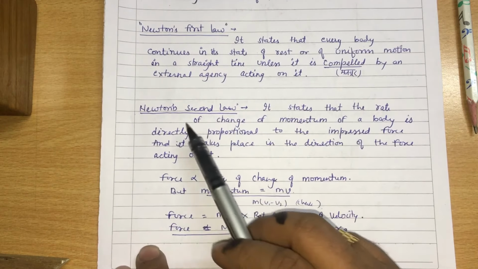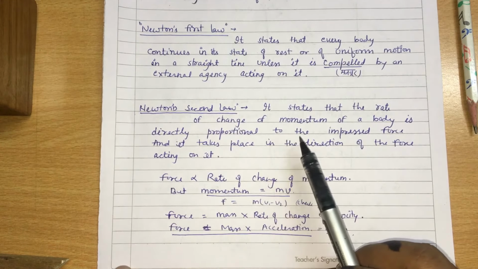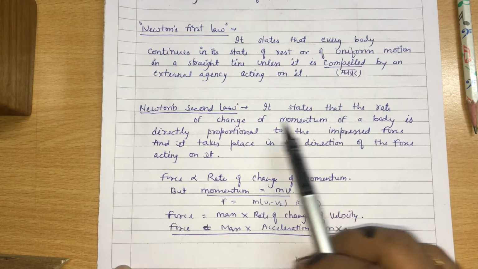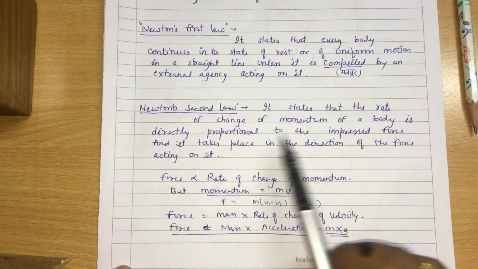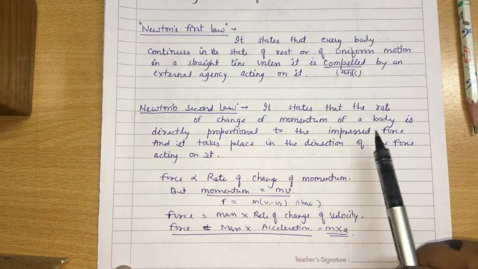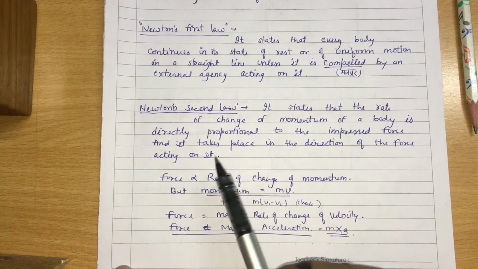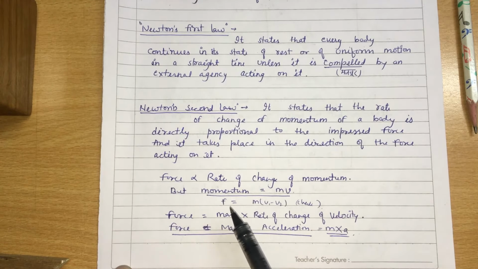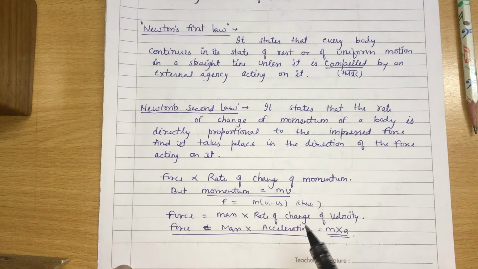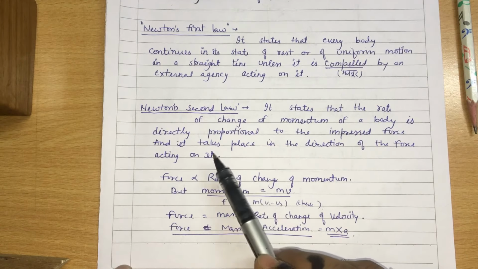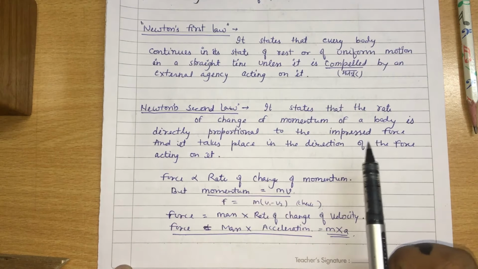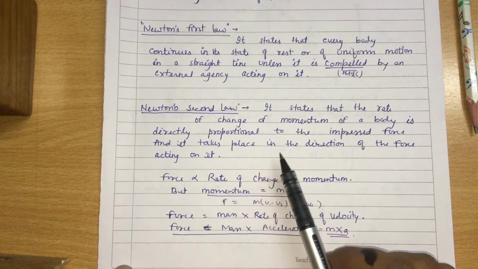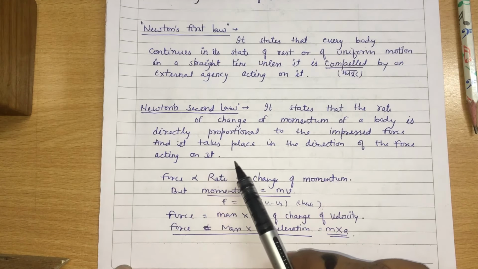Okay. So the second law generally states that the rate of change of momentum of a body is directly proportional to the impressed force, or we can also define force as mass times acceleration. And it takes place in the direction of the force acting on it.